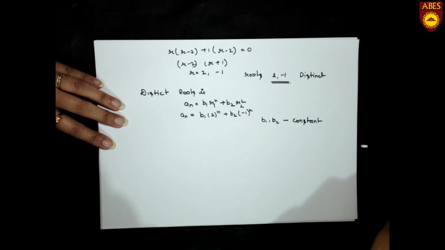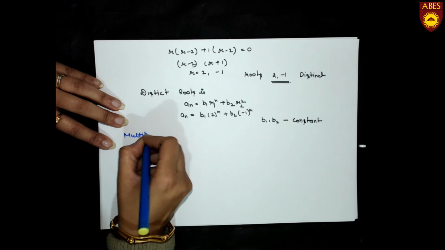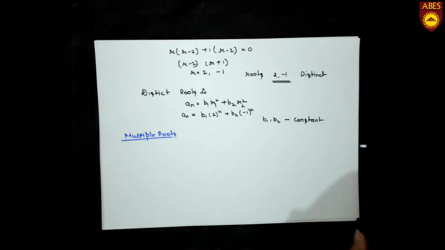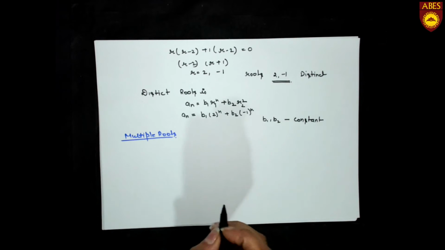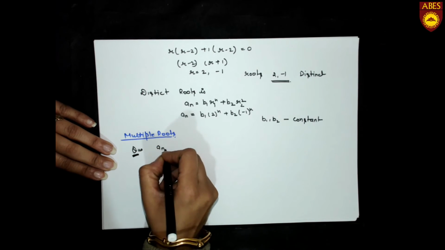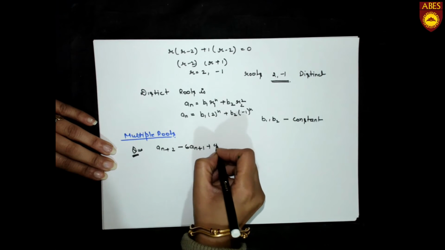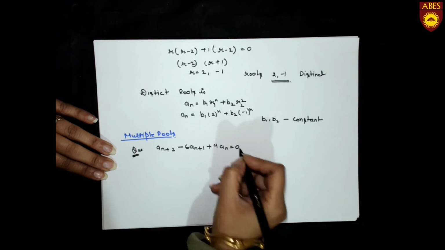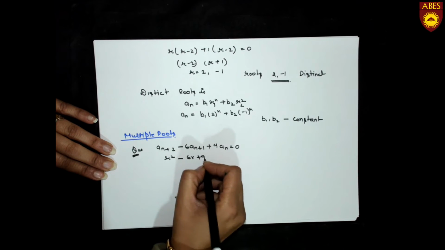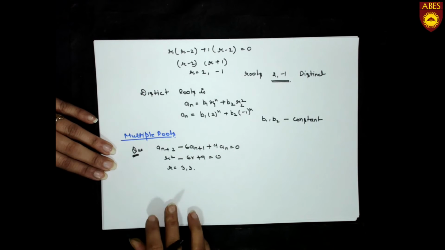Now for multiple roots, we will take another equation. Let us take the equation an plus 2 minus 6an plus 1 plus 9an is equal to 0. Again the equation will become r square minus 6r plus 9 equal to 0, and the roots will be r is equal to 3 and 3.